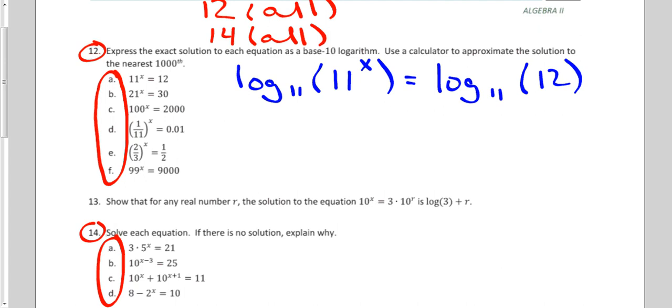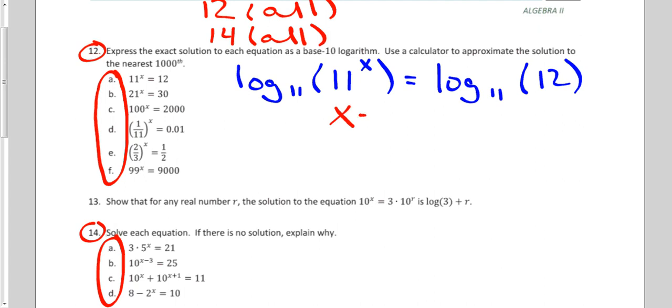And then, what happens on the left-hand side of my equation? Remember that the log and the 11 to the x cancel each other out, so I'm left with just x.